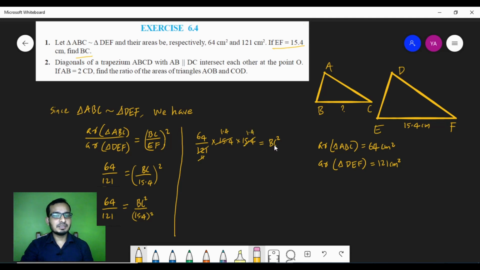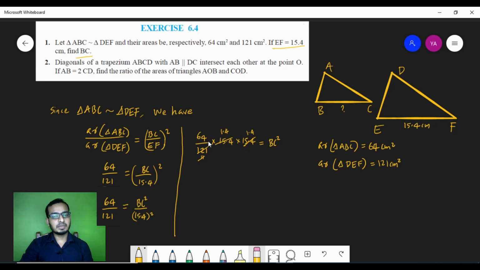Now what remains? BC square is equal to 64 into 1.4 into 1.4. If we do direct multiplication, what we have to do? 64 into 1.4 into 1.4, then take the square root, you will get BC. But I will show you a simpler method. We all know 64 is 8 square.